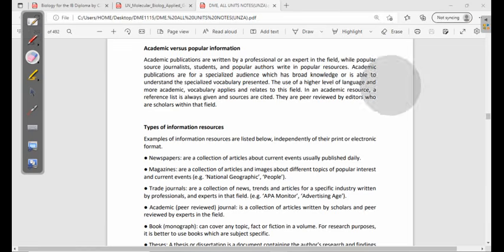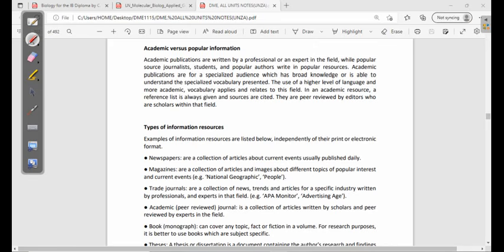So the use of a high level of language and more academic vocabulary applies and relates to this field when you are writing an academic presentation, an academic publication, or simply academic information. There you use vocabulary that applies to that field.